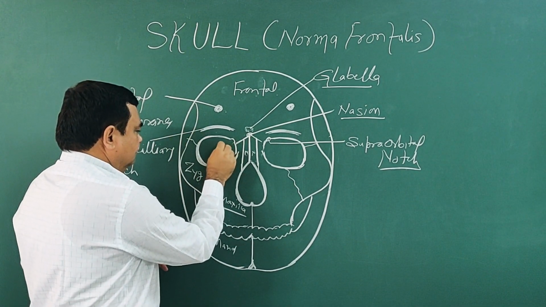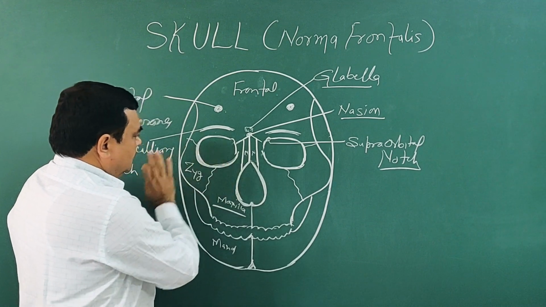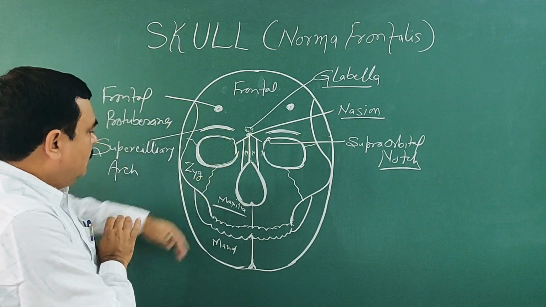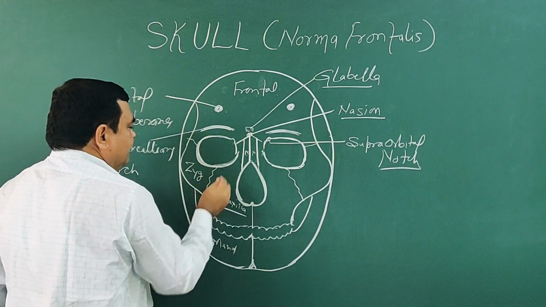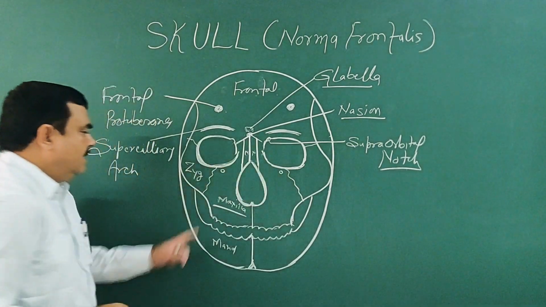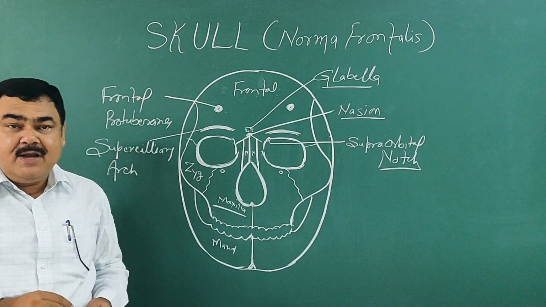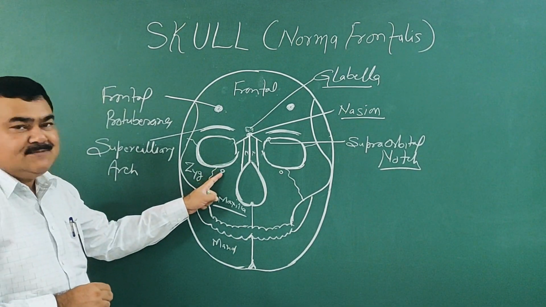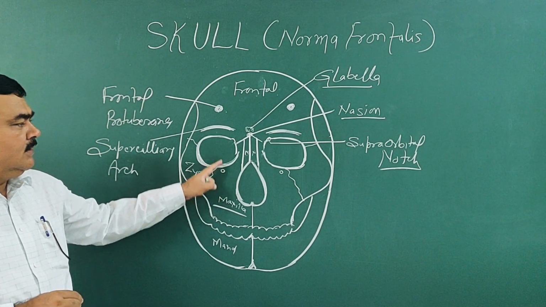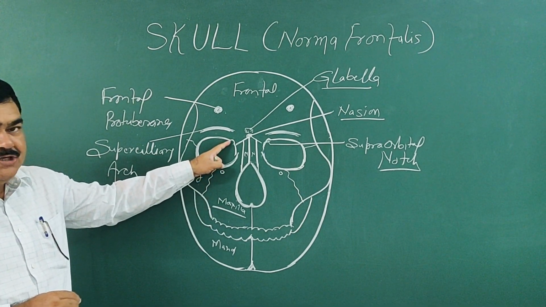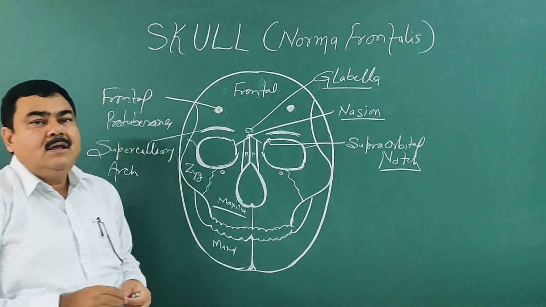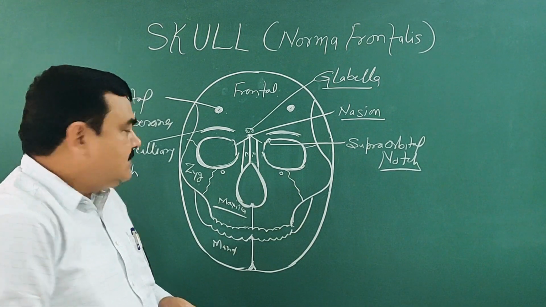After the orbit, you go downward. Here you will find the infraorbital foramen. Through the infraorbital foramen, the infraorbital nerve and vessels pass.